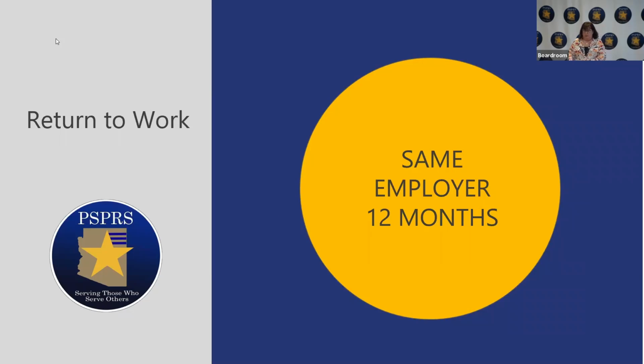So the first part of the statute that we're going to tackle is the return to work, same employer, 12 months. I'm going to break this out to be before 12 months and after 12 months from date of retirement, the first of the month following the member's quit term date with the employer.